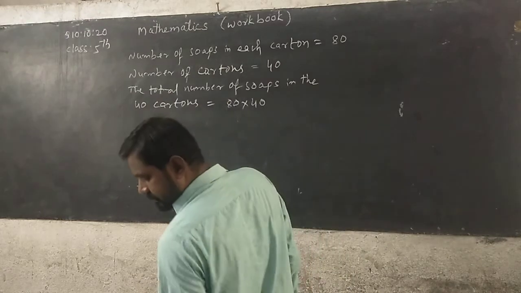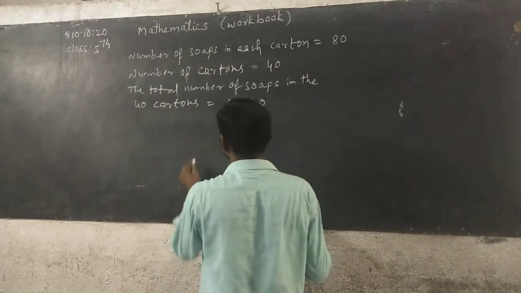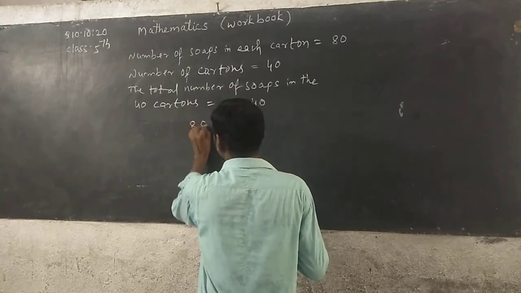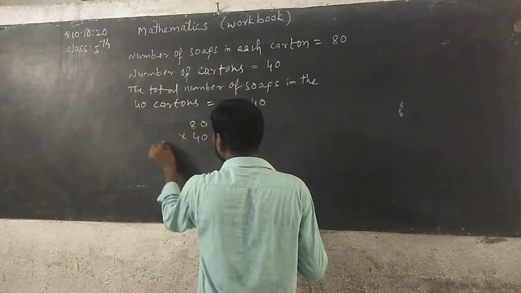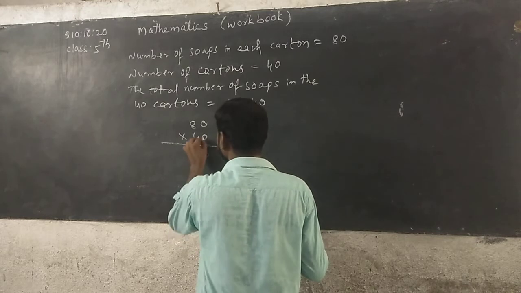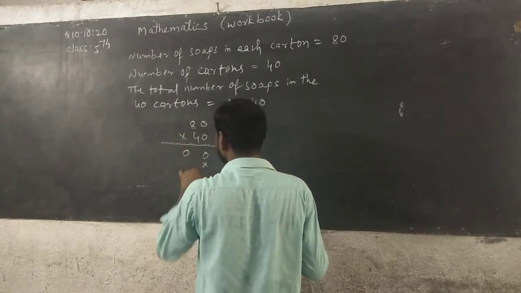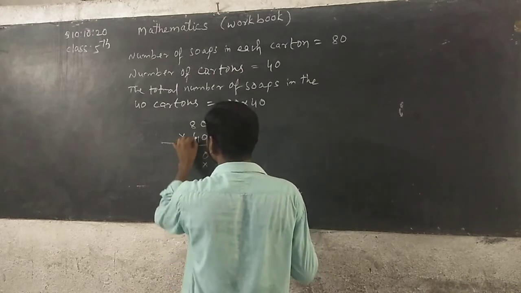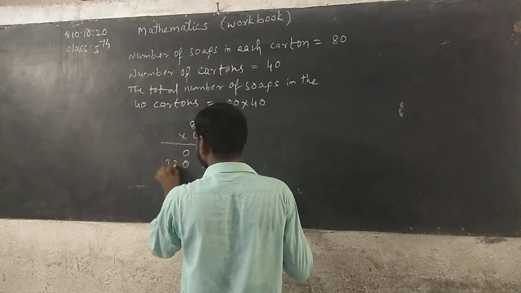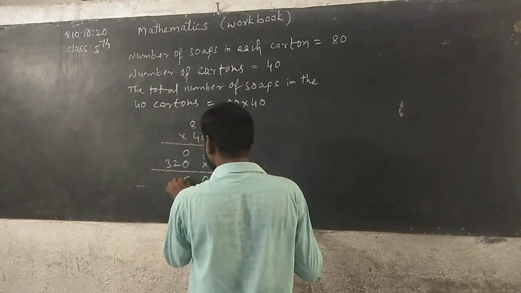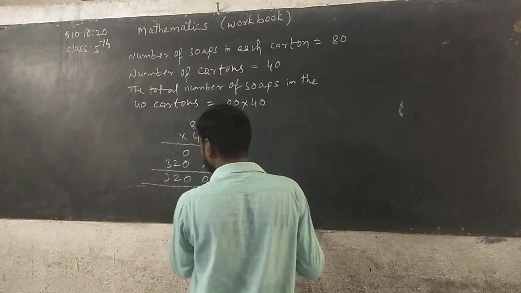Very easy this is. 80 into 40. 0 into 0, 0. 0 into 8, 0. Once please cut it. 4 0s are 0. 4 8s are 32.